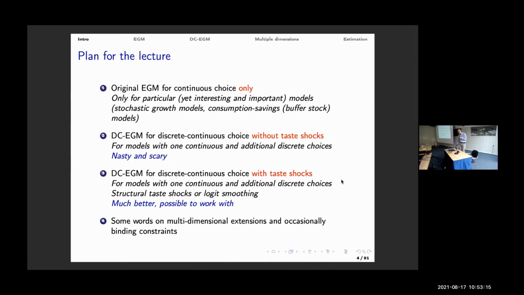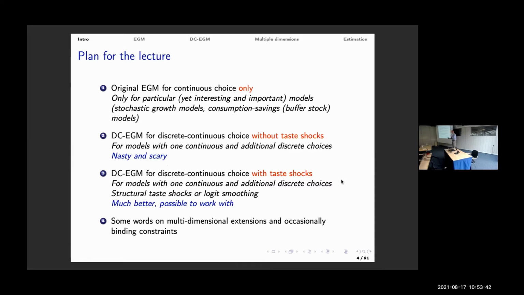So the plan for the lecture is I'm going to start with the original EGM, the endogenous grid point method. And as I said, I realize that most of you probably know about it, but let's get everybody on the same page. And then I want to talk about the discrete continuous version of the EGM. And it will come in two flavors. The first flavor, we just take the problem at face value and not do anything with it.